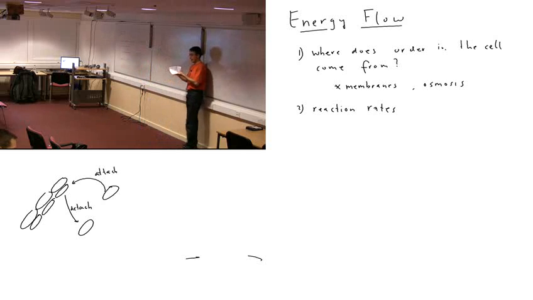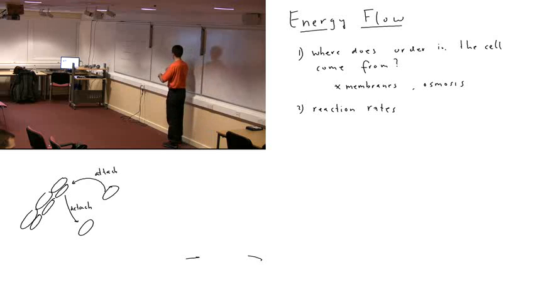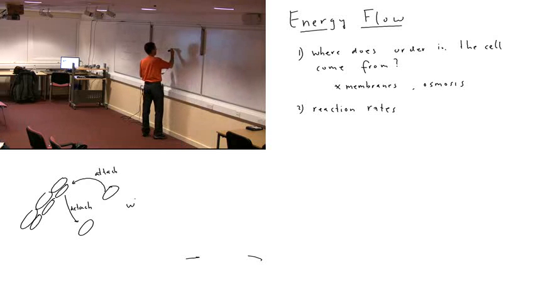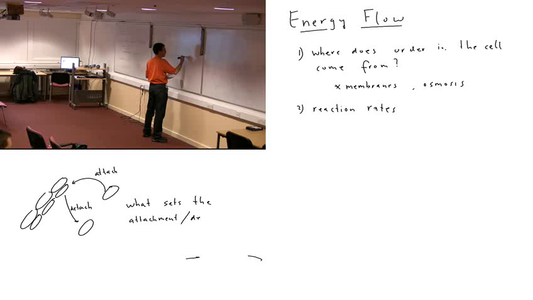And there is some balance between the two, and if the rate of attachment is larger than the rate of detachment, then the structure will grow. But if the rate of detachment is larger, then the structure will shrink. And the question is, what sets the attachment and detachment rates?